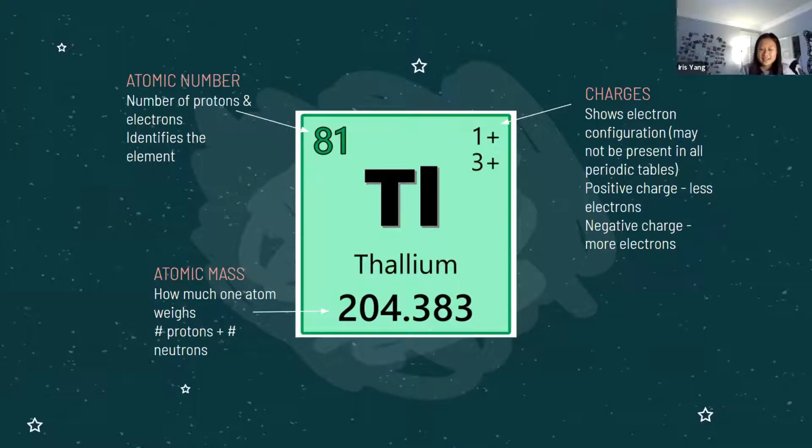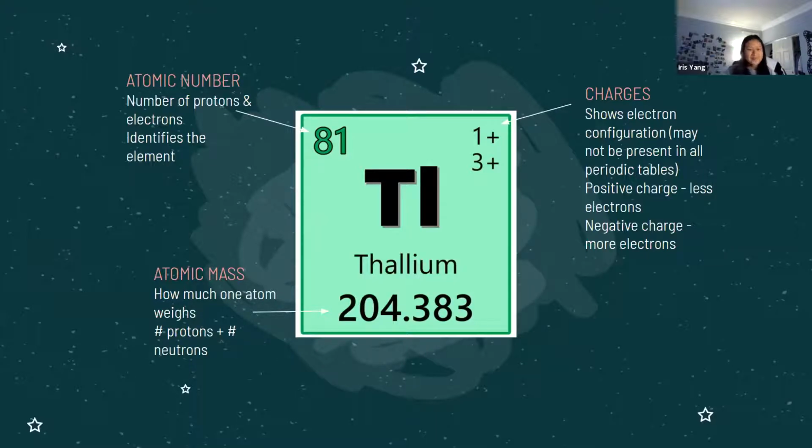How we calculate atomic mass is by the number of protons plus the number of neutrons in that atom. Thallium has 81 protons and, well, it doesn't necessarily have 81 neutrons, but you would add those together and get the atomic mass. But you might notice that 204.383, does it have a fraction of a proton or a fraction of a neutron?